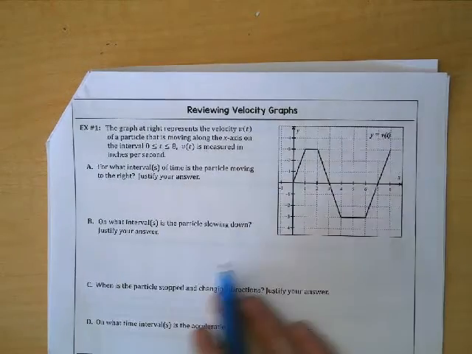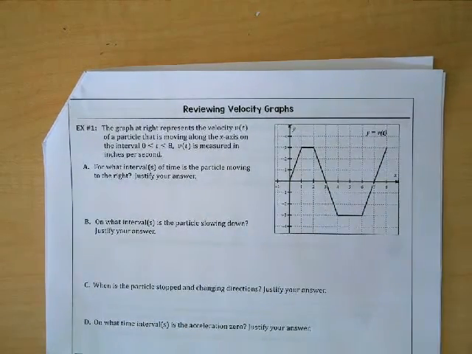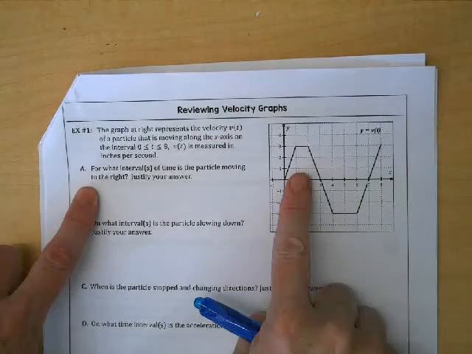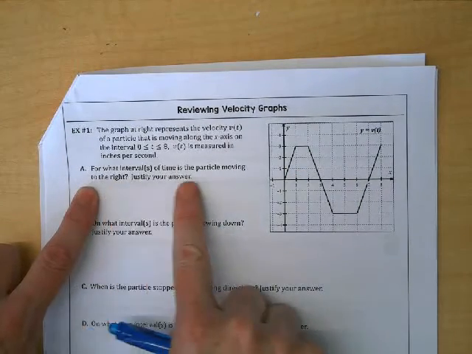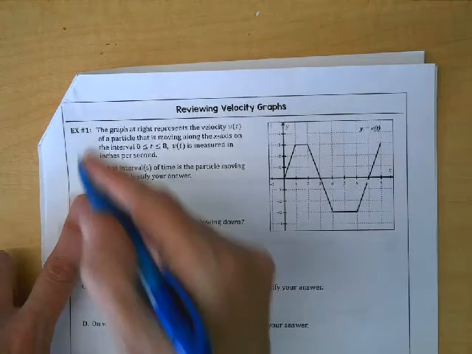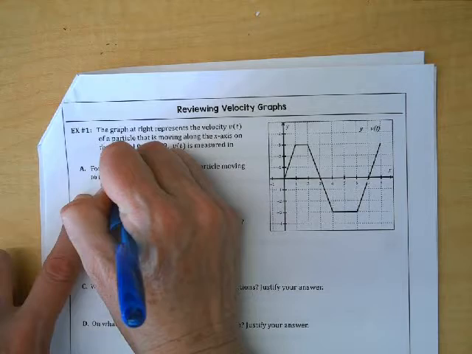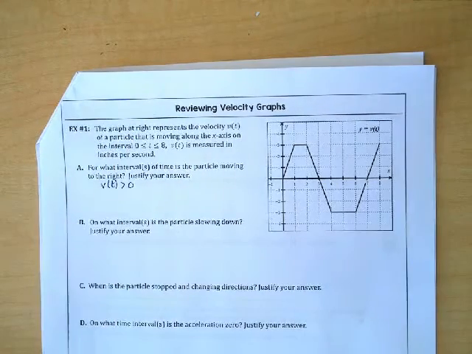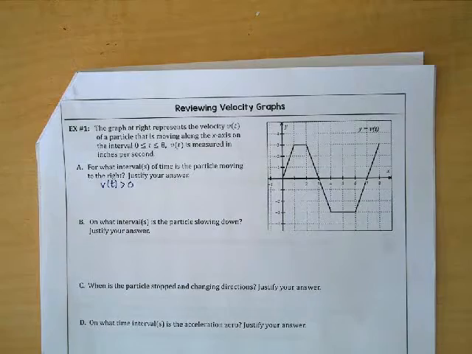So all we're going to do here is get some of our thinking back in. We have this velocity, and they want to know for what intervals of time the particle is moving to the right. We have to remember, because we have to justify, it moves to the right if the velocity is greater than 0.